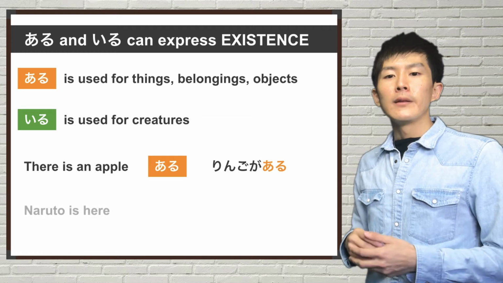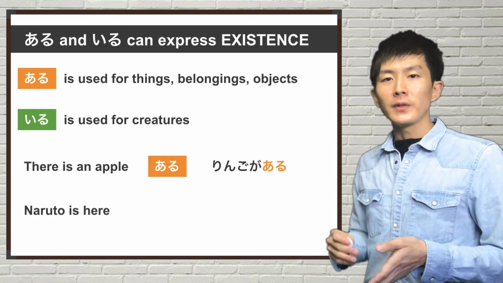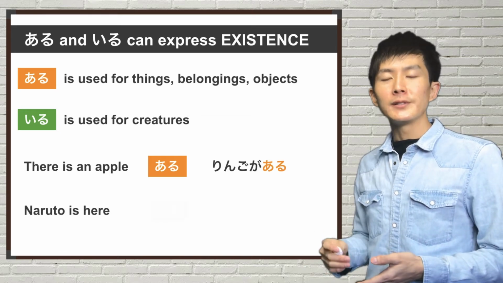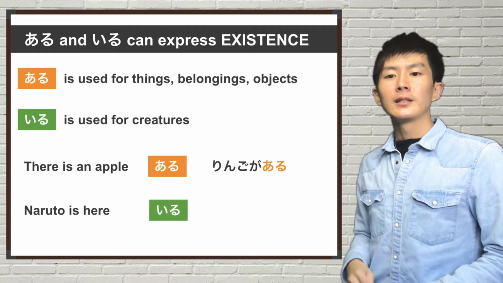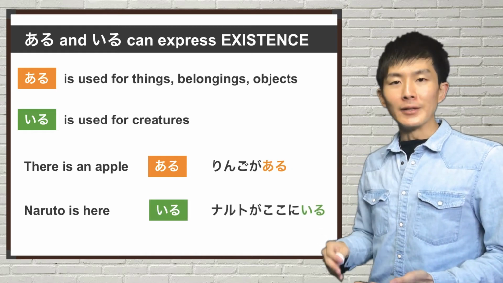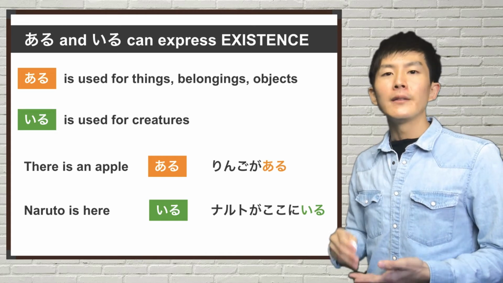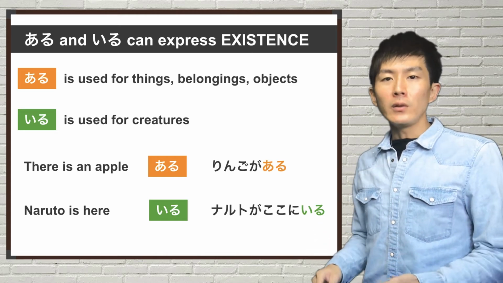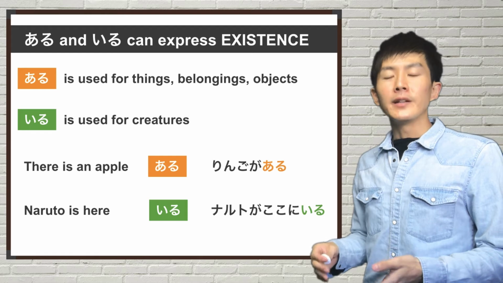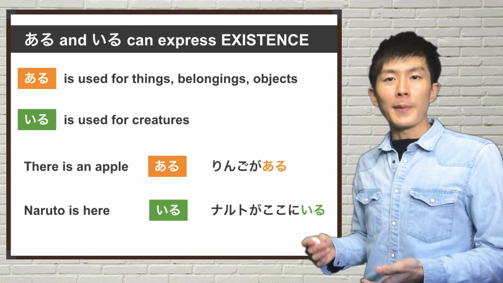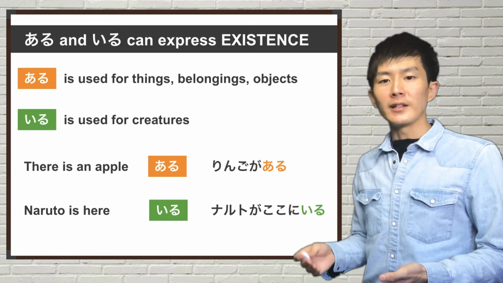Meanwhile, Naruto is here. For this sentence, you need to use いる like ナルトがここにいる。Naruto is here. So, we need to use ある and いる appropriately depending on the thing is alive or not.